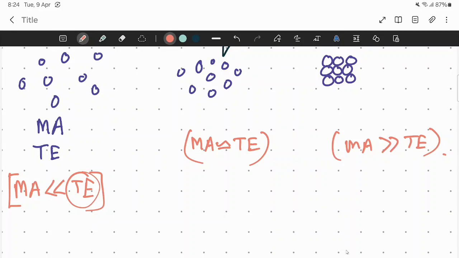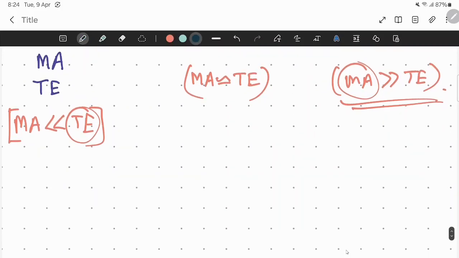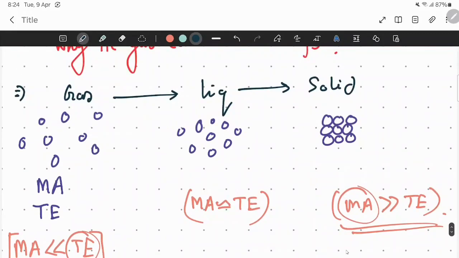You can decrease the temperature, but you can never achieve this condition, because the molecular attraction is very less in case of helium, which is an inert gas, right? So that's why you can't achieve this condition anyway, and it will not be solidified. Okay, this is a theoretical argument.